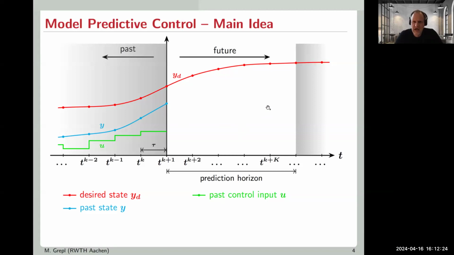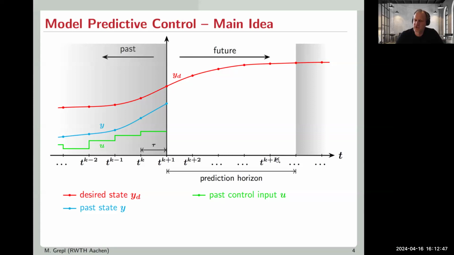Another question is, how good is the performance of our MPC approach compared to the performance, let's say, of the infinite horizon solution? And another question is, I just said that the larger K, the more costly it becomes to solve the finite horizon problem.